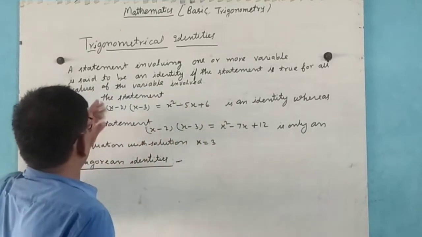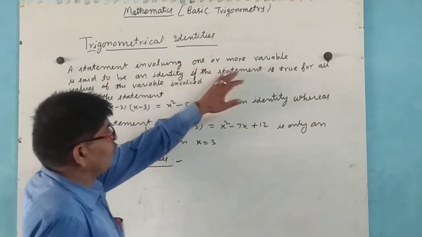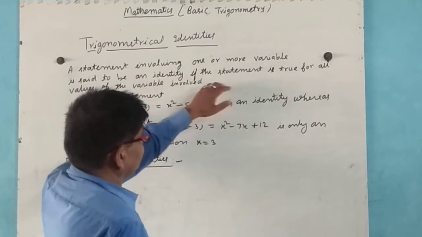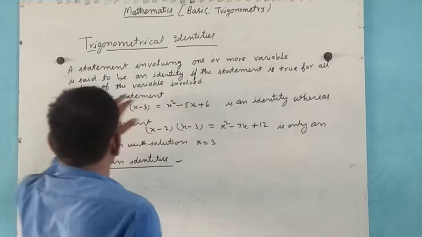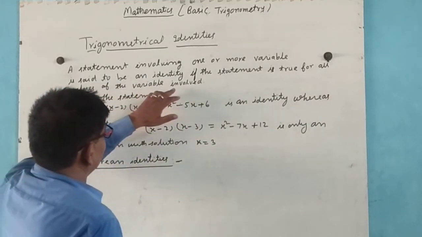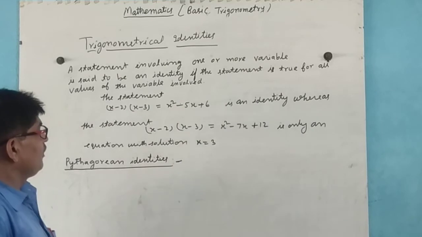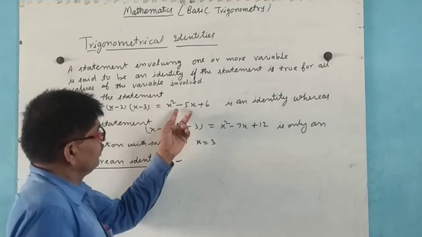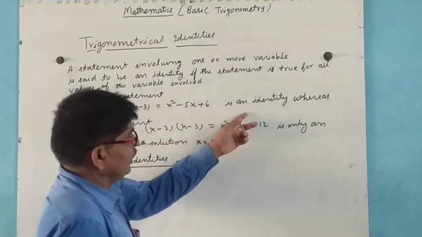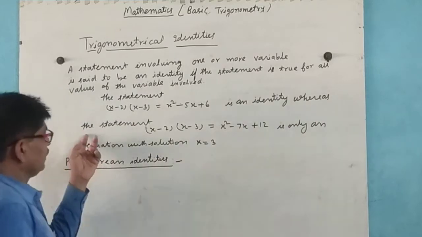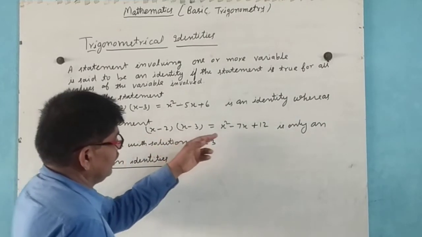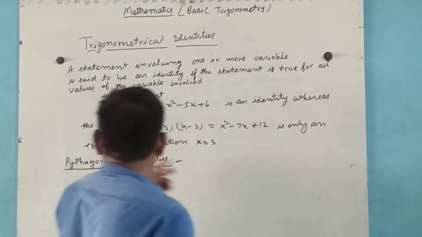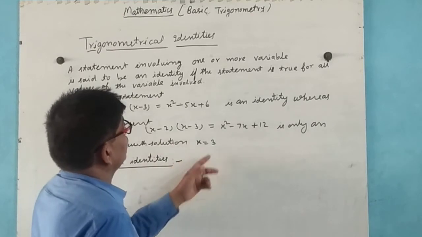A statement involving one or more variables is said to be an identity if the statement is true for all values of the variable involved. The statement (x minus 2)(x minus 3) equal to x square minus 5x plus 6 is an identity, whereas the statement (x minus 2)(x minus 3) equal to x square minus 7x plus 12 is only an equation with the solution x equal to 3.